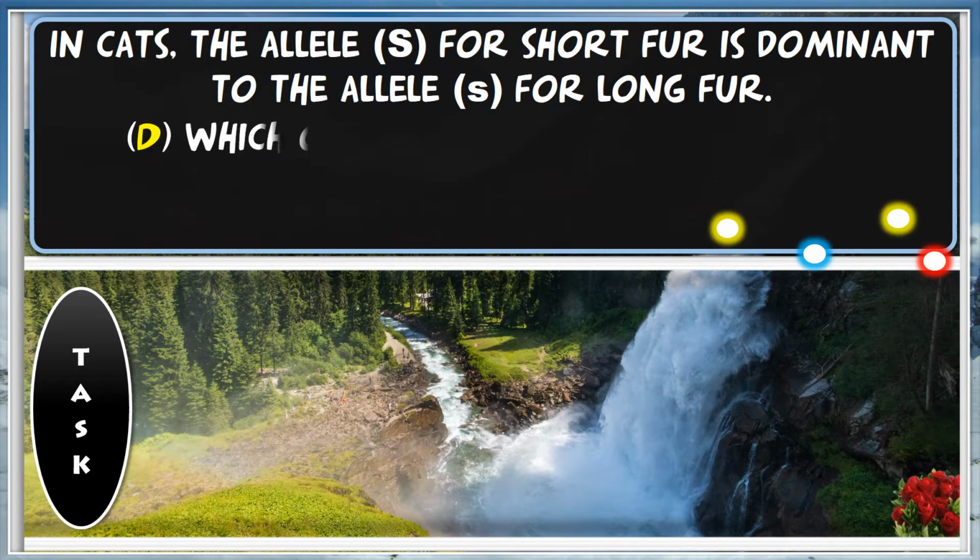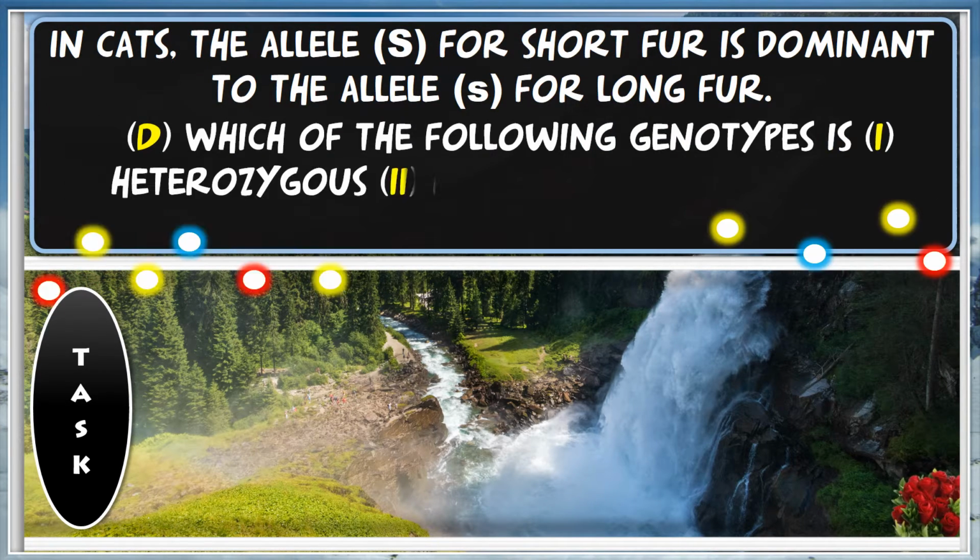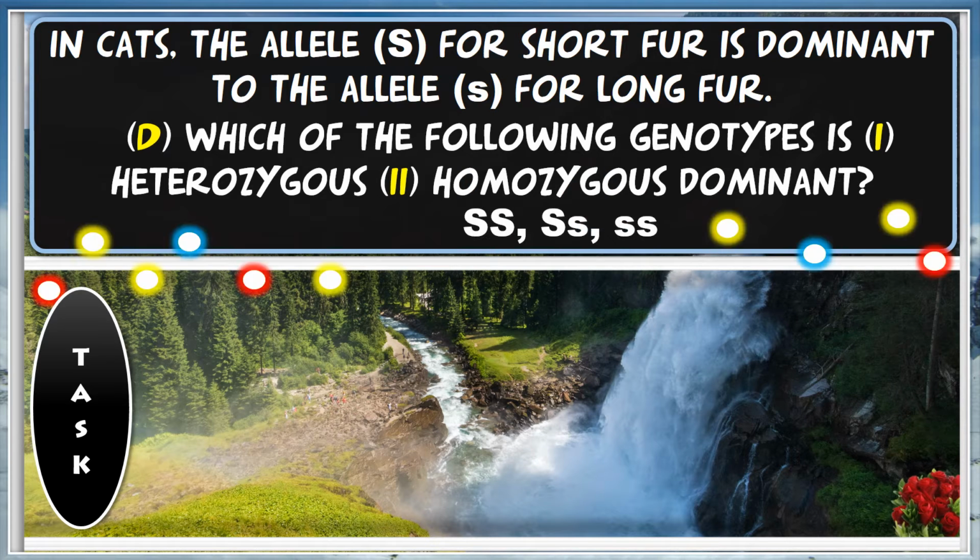In cats, the allele capital A for short fur is dominant to the allele small a for long fur. Part D. Which of the following genotypes is Roman 1, heterozygous, Roman 2, homozygous dominant: capital A capital A, capital A small a, small a small a?